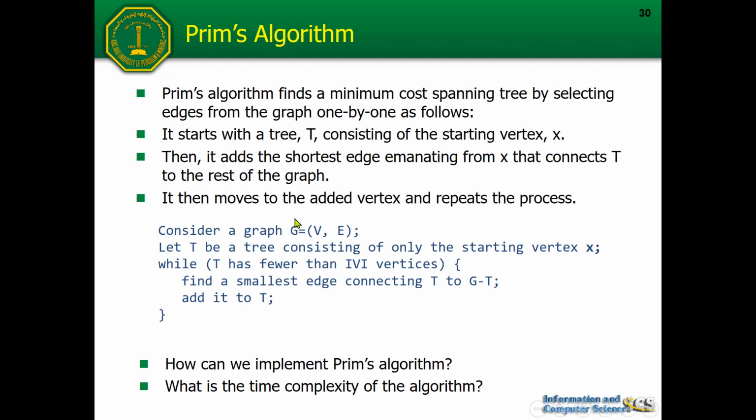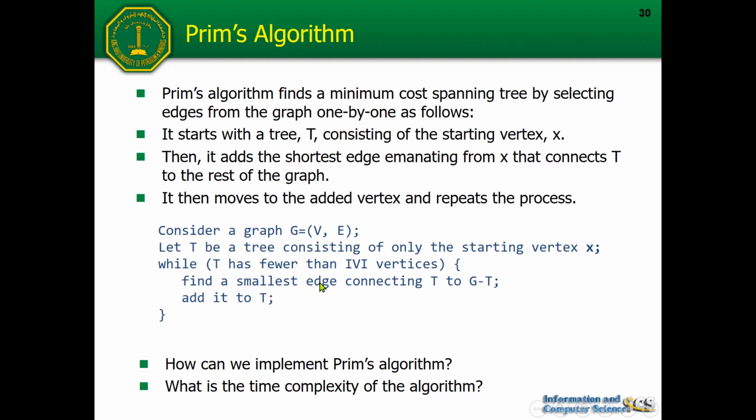Now consider that this is the original graph. Then we define T to be a set of vertices, or a tree, consisting of only the starting vertex X. Then we do the loop while T has fewer vertices than the original graph.